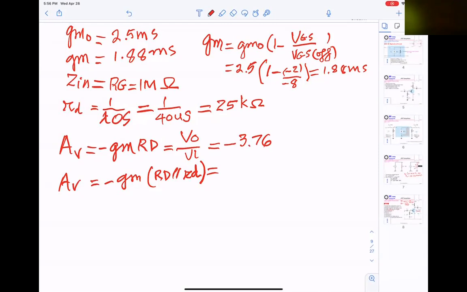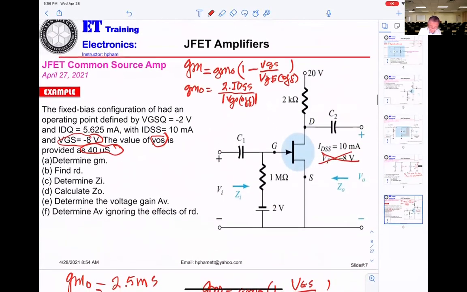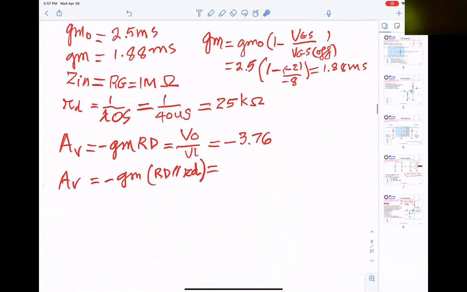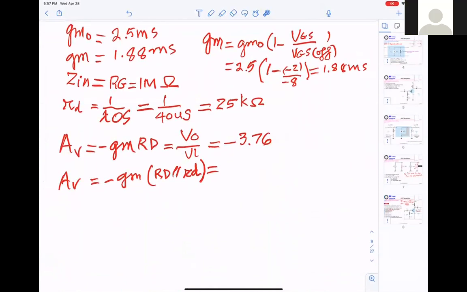Big RD is 2K. Here's the deal: GM is equal to 1.88 millisiemens, and if you multiply that times 2K, you get 3.76.